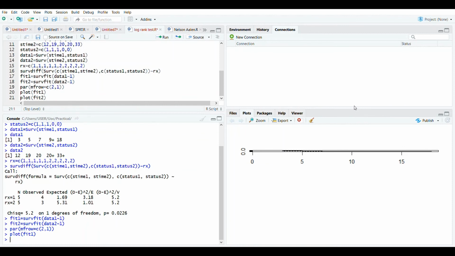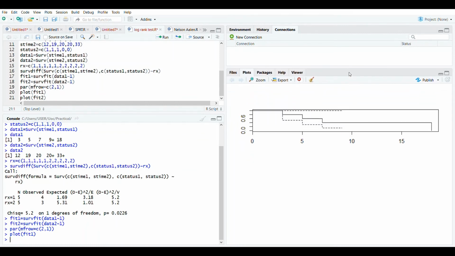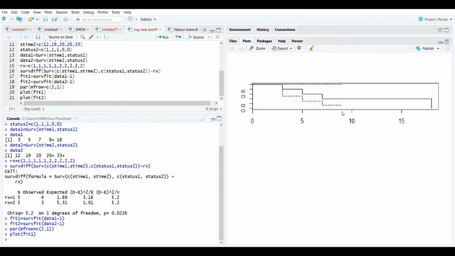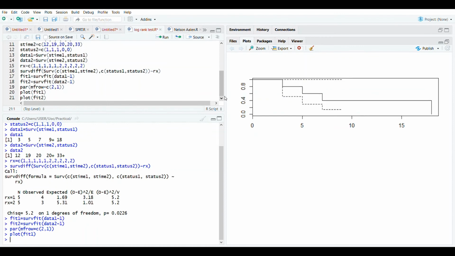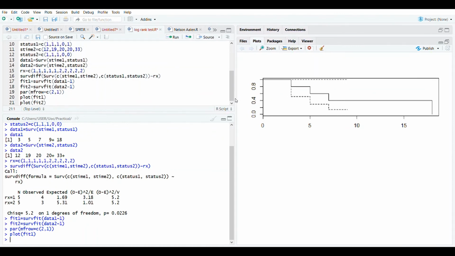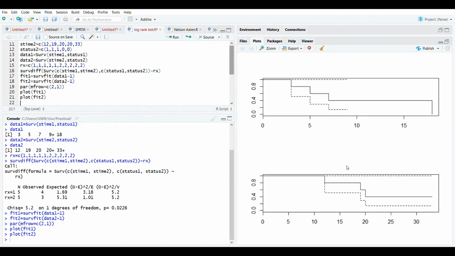Similarly, plot(fit2) gives the survival plot of treatment B. The graph of the survival function of treatment B lies completely above the graph of the survival function for treatment A. By comparing these two plots, we can see the curves do not overlap each other, and so we can conclude that the proportionality assumption holds good.